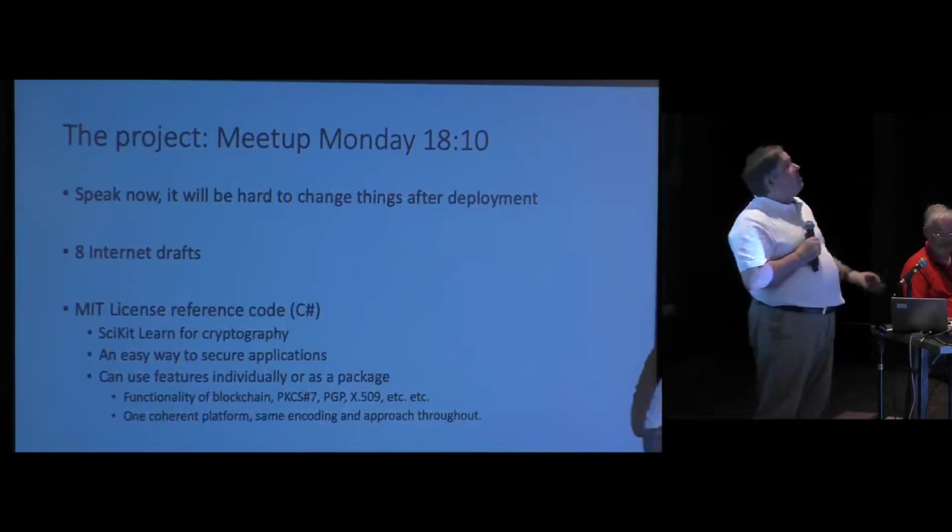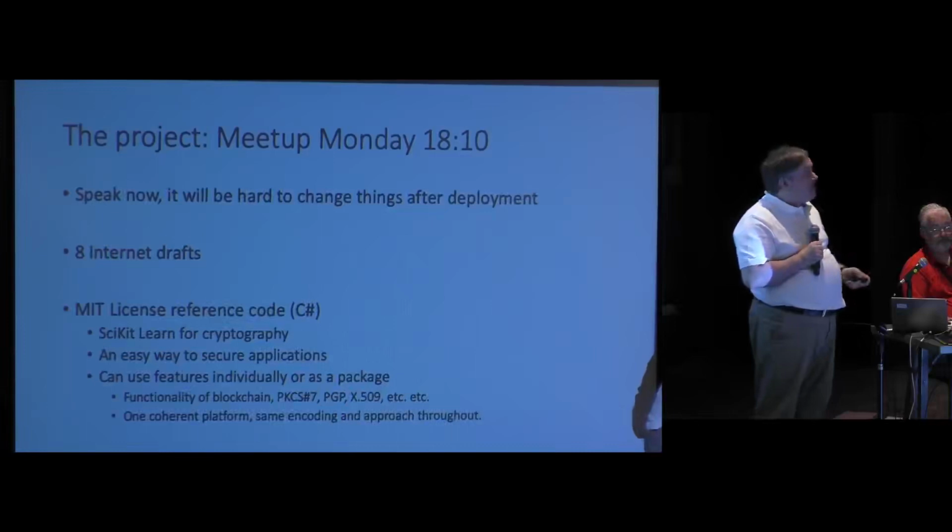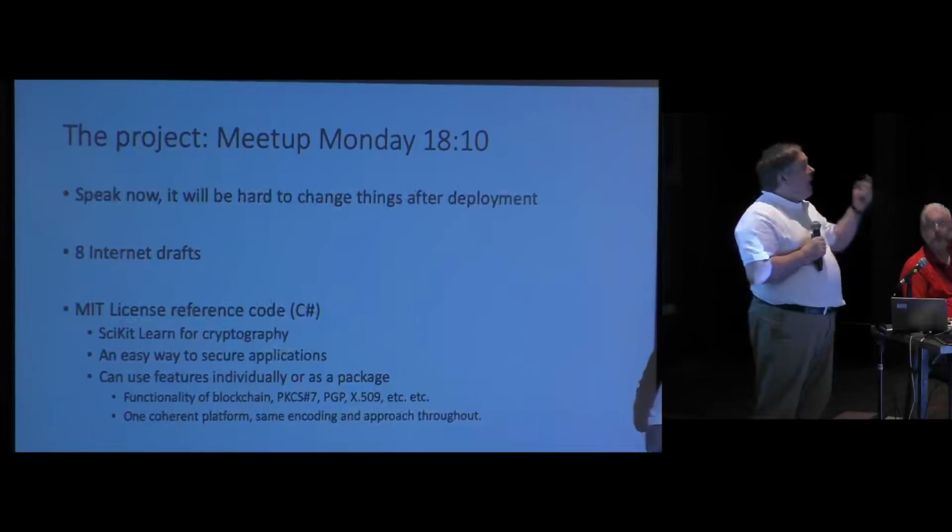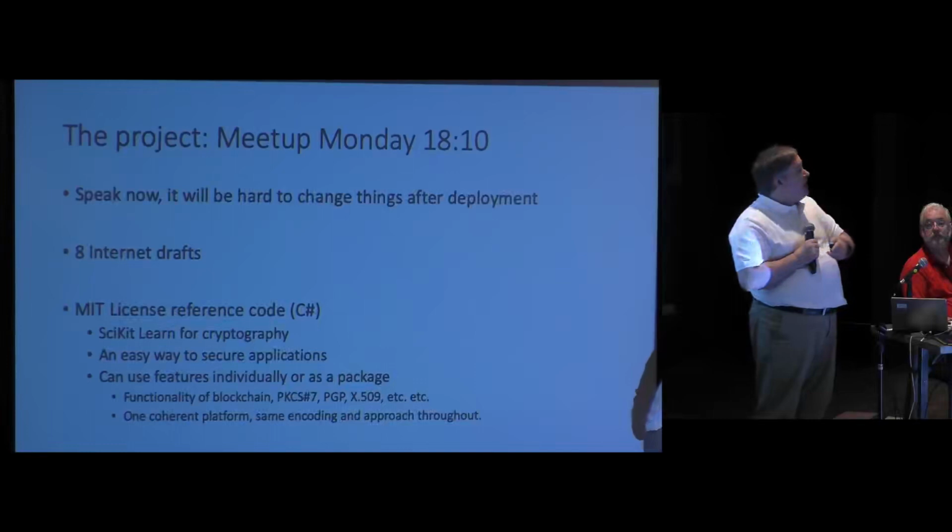The objective here is to provide people with something like a scikit-learn for cryptography. If you look at the advance in AI over the past 10 years, that happened after the AI people made it really easy to add AI into applications with things like pandas and scikit-learn.